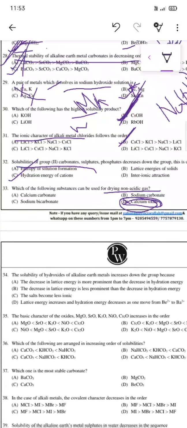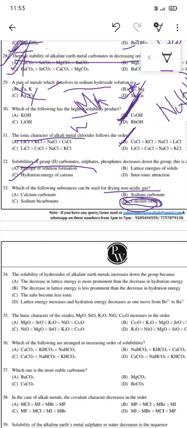The solubility of hydroxides of alkaline earth metals, that means second group, increases down the group because of increase in hydration energy, decrease in lattice energy, and more prominent. No, decrease in lattice energy is less.